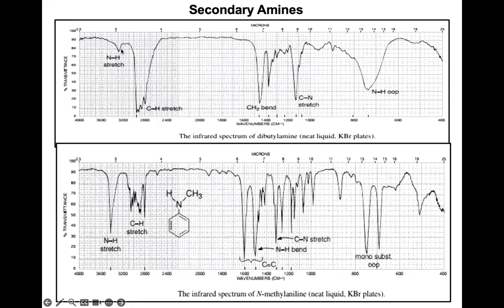Look here, it is only one single peak, which is NH, right? No 2 peaks, it means it's only NH. What about this peak around 3000? It is the CH. Then the C double bond C has 2 peaks, 1470 and 1600. And then you see monosubstitution here as well in the bending area.